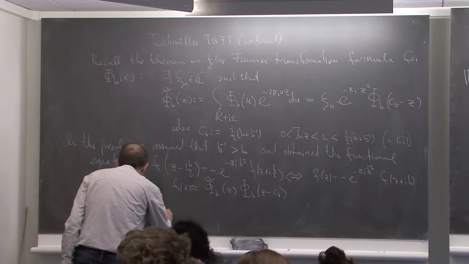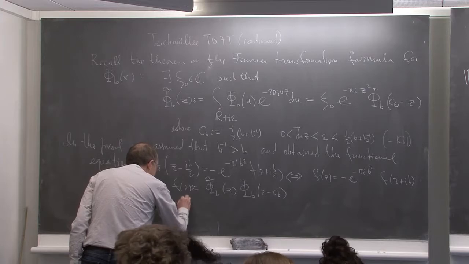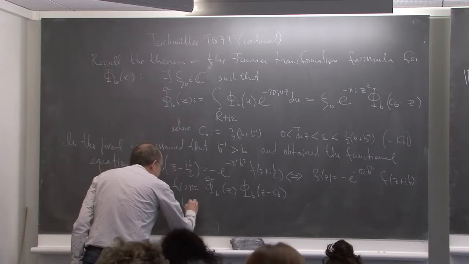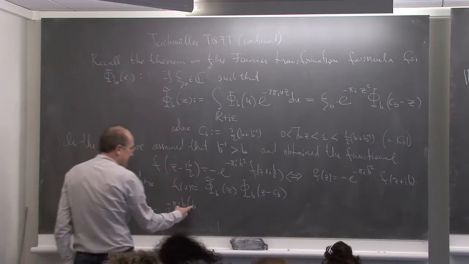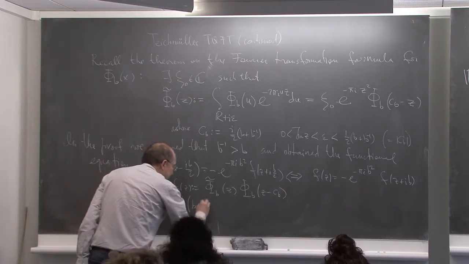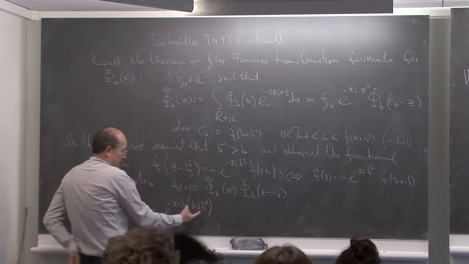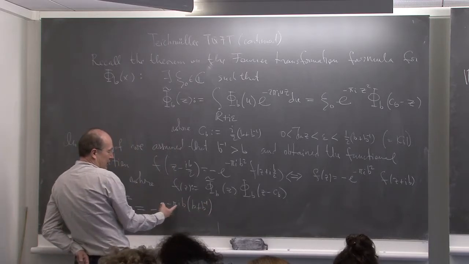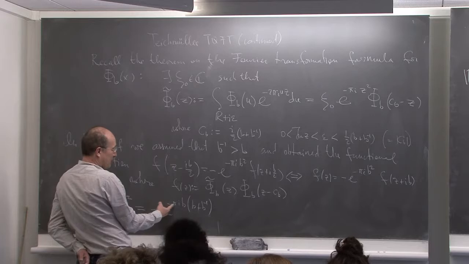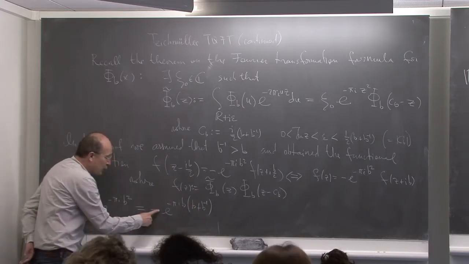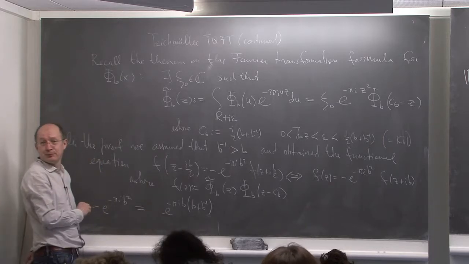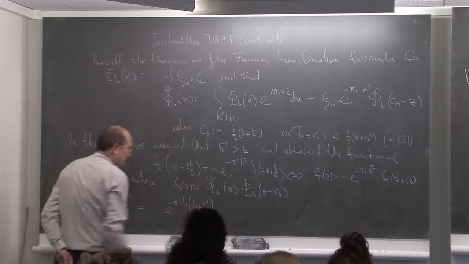So that's what we do. We write minus e^(-pi i b^2), and I separate one b, and to the second b I add the inverse of b. What changes is that we add a sign here, because e^(-pi i b inverse) will be e^(-pi i), which removes this minus. Okay?